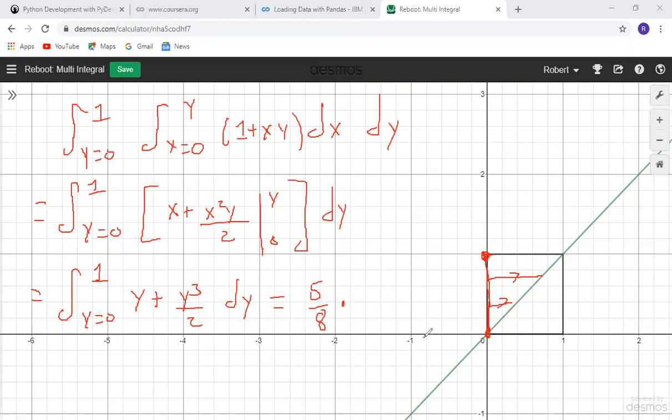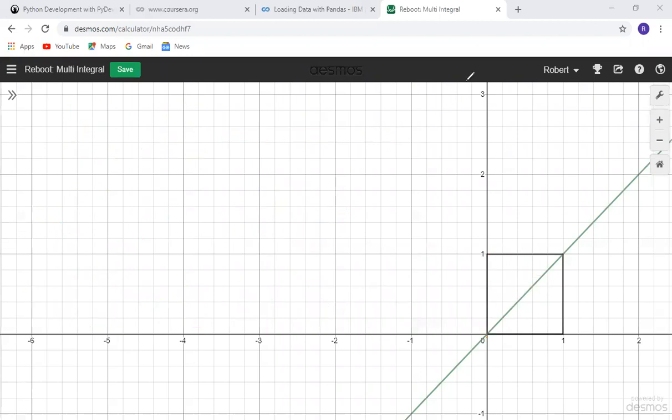Now let's look at what happens if we do the y integral on the inside. So now the y integral is going to go on the inside. That means for every fixed value of x from here to here, the y value is going to go from y is equal to x to the horizontal line y is equal to 1. Okay, and it's helpful to draw a picture like this.